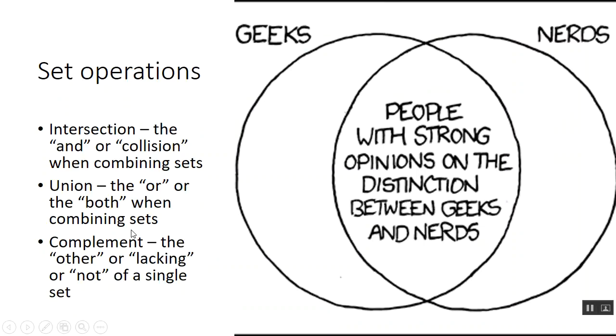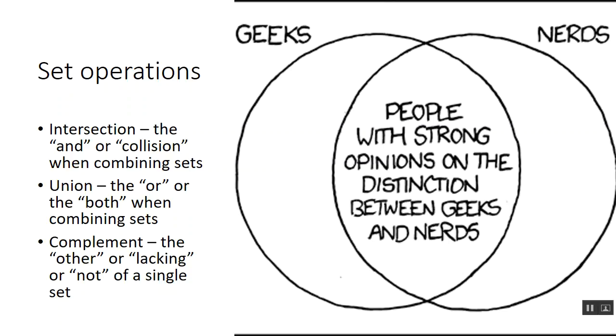So let's talk about set operations. Now, if we talk about geeks and nerds, the intersection of geeks and nerds, or another way to say that is the collision or the and, geeks and nerds. This is a funny XKCD comic, people with strong opinions on the distinction between geeks and nerds.